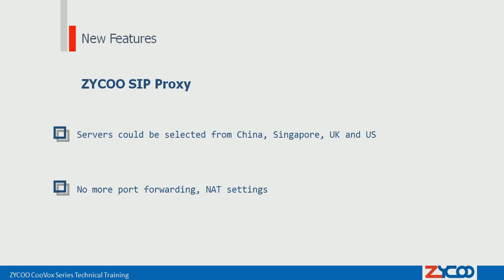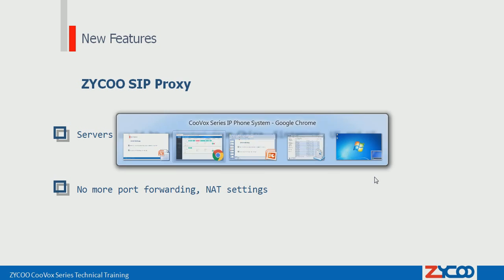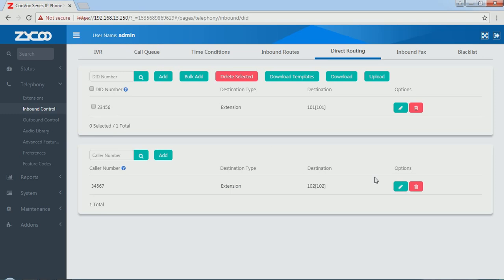Let's see how you can activate the proxy server support on the V302 software. After upgrading to the latest V302 software, there will be a menu on the bottom left.